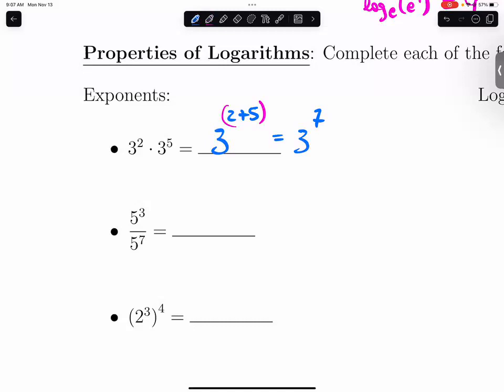Why is adding what we do, though? Okay, so on one hand, because it gives the right answer. Yes, sure. What does 3 squared mean? 3 times 3. What does 3 to the 5th mean?